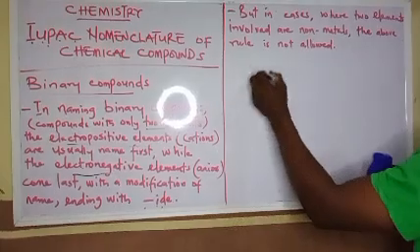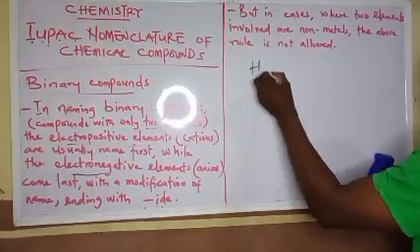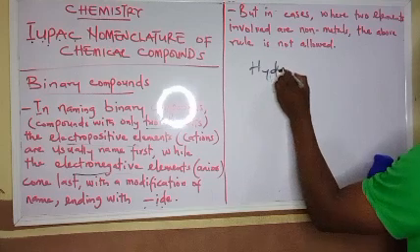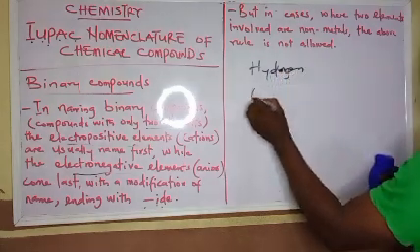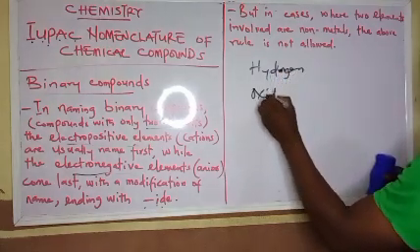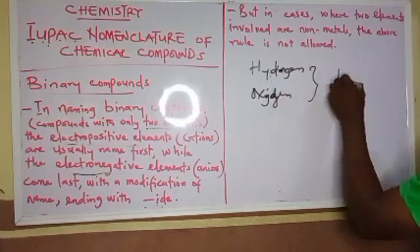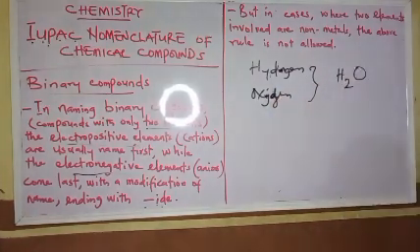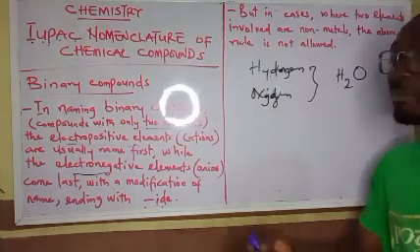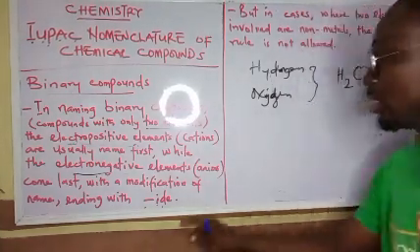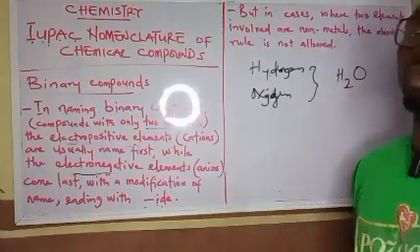For example, if you have hydrogen and oxygen, the combination of these 2 will give us water. So anytime you have a non-metal and a non-metal, this rule will not hold.